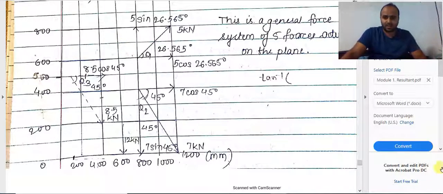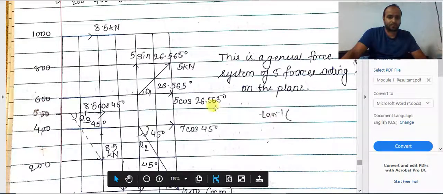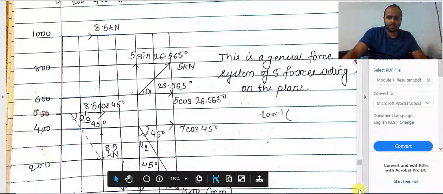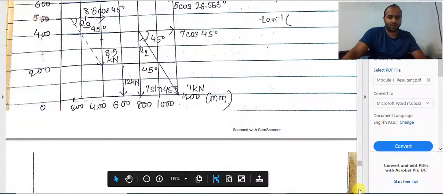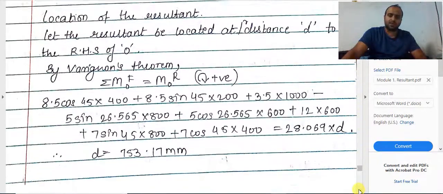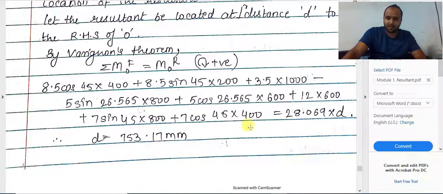Last but not the least, it's the 3.5 kilonewton force at the top. That will be plus 3.5 into 1000, equal to the resultant value into d, because the resultant is acting towards fourth quadrant, that will also be in clockwise sense. So you can see this entire equation explained very clearly by looking at the diagram, and resultant value is taken as positive into d.